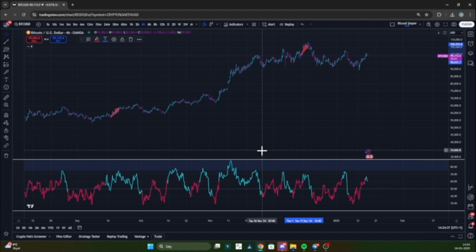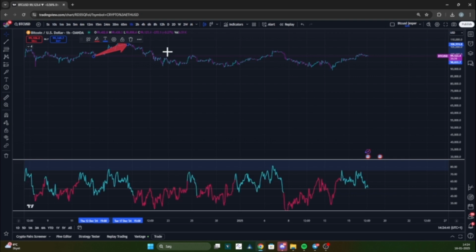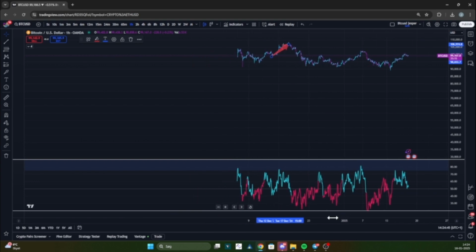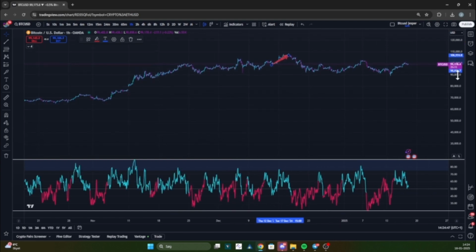Other tools I really love using on the RSI, most significantly and more tradable when we come down to a 1 hour time frame, is trend lines and trend line breaks on the upside.